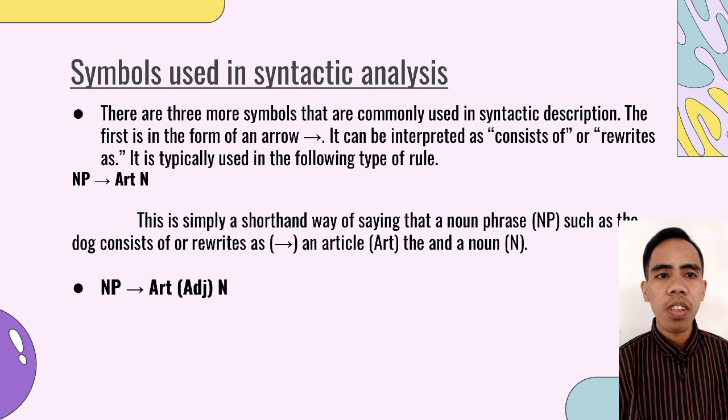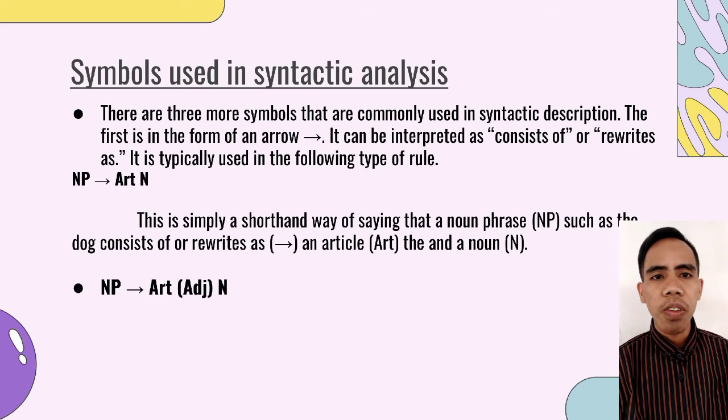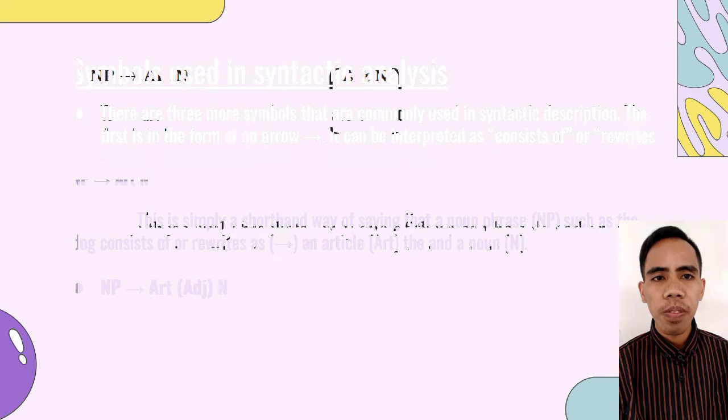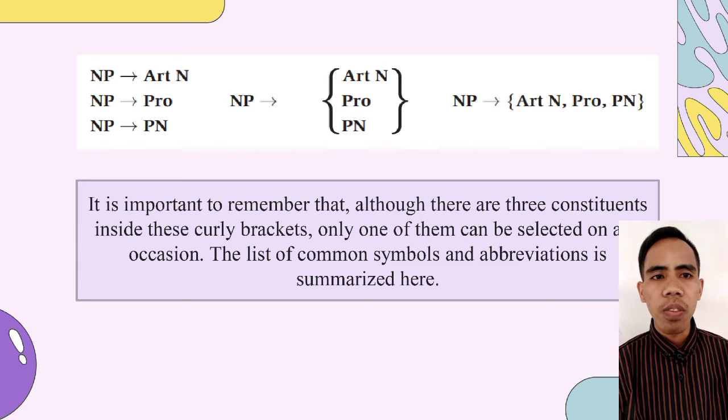There are more symbols that are commonly used in syntax description. The first is the arrow. It can be interpreted as "consists of" or "rewrites as." It is typically used in the following type of rule.